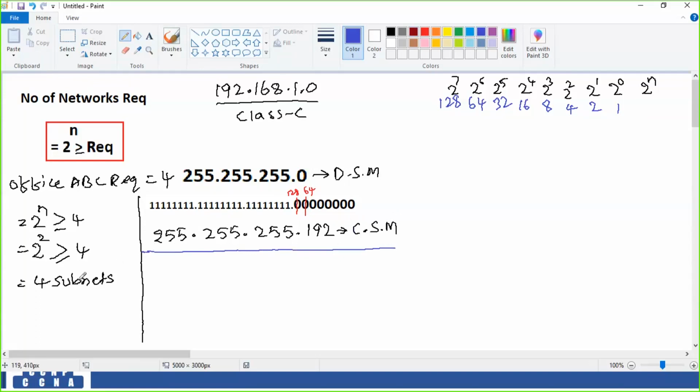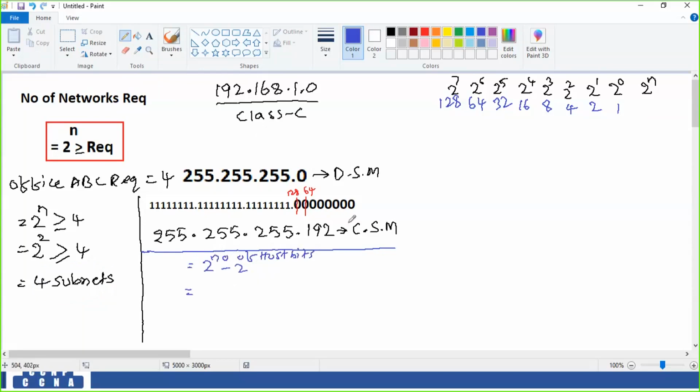And the next step: 4 subnets are available. For each subnet, how many IPs are available and how many usable IPs are available? That also we should know now. Simple: 2 power number of host bits minus 2.